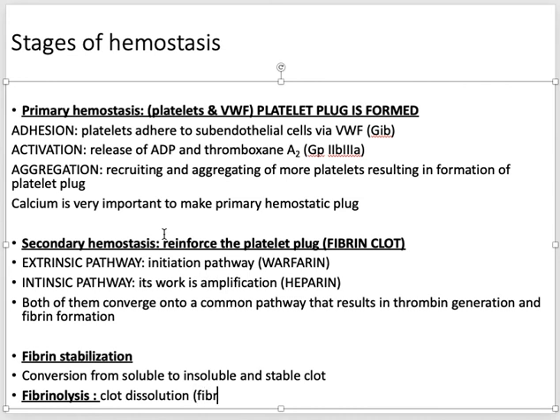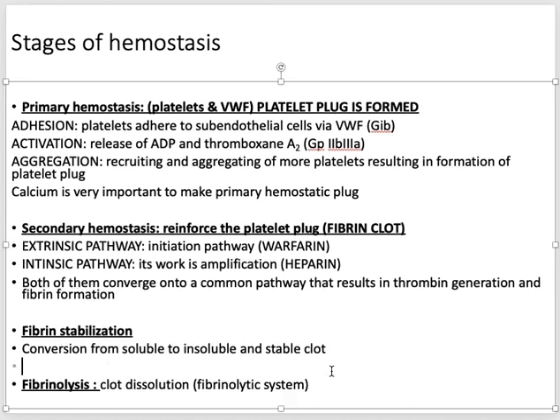Again, there is a fibrinolytic system. But again, I think I put a lot of time just to make you understand these things. See, different drugs act on different stages.